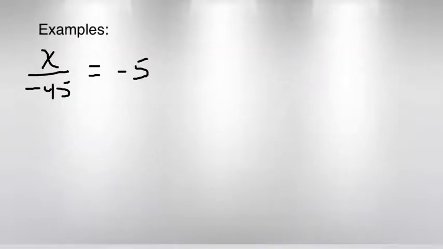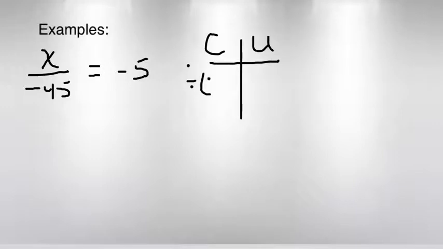Okay, our first example on our notes is x divided by negative 45 equals negative 5. So you're going to go ahead and make a clue chart. I'm going to abbreviate those, just C and U. My clue is I'm dividing by negative 45. So I undo that by multiplying by negative 45.